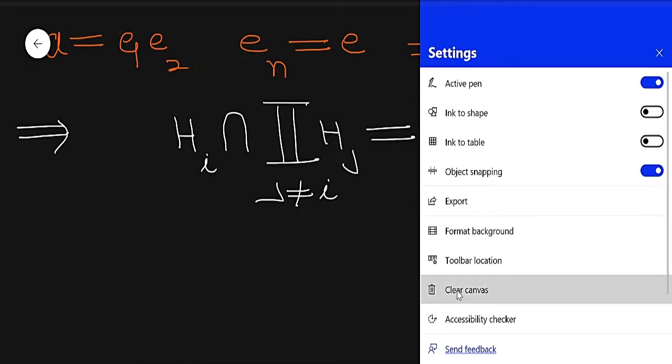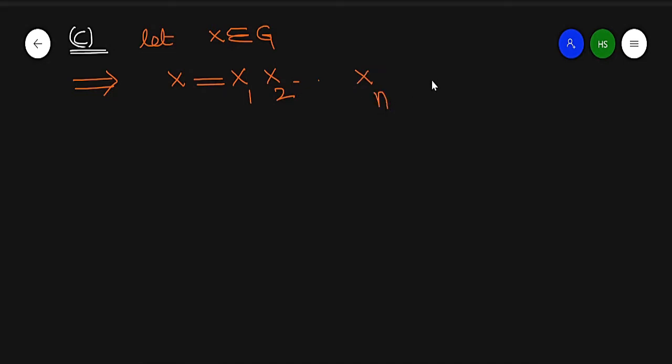Now it's the third part, which is the C part. So what is the C part? The C part is that G should be H1 into H2 into Hn. Now as we know, if I take some element x belonging to G, in the internal direct product x can be written as x1, x2, and so on up to xn, where each xi belongs to Hi, because it is an internal direct product.